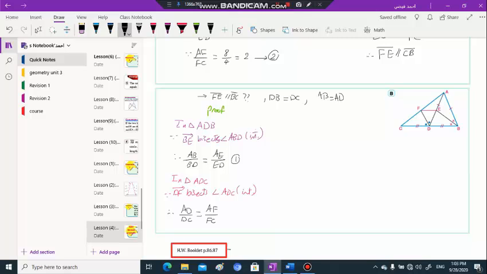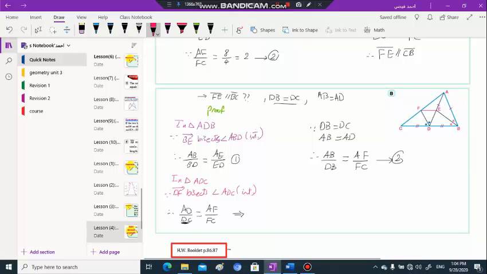And we have in the given DB equals DC, so I will replace DC with DB, and AB equals AD, so I will replace AD with AB. So AB over DB equals AF over FC, and this is number 2.